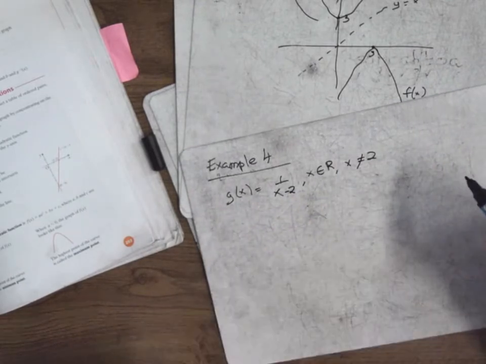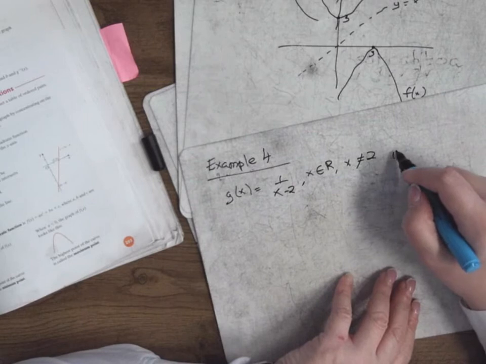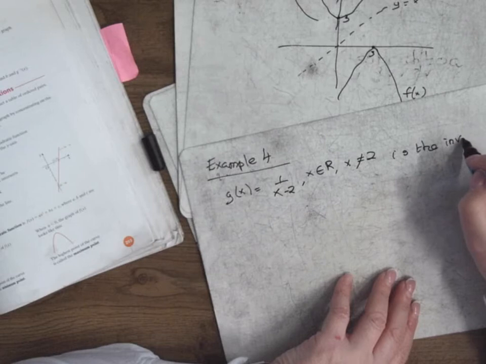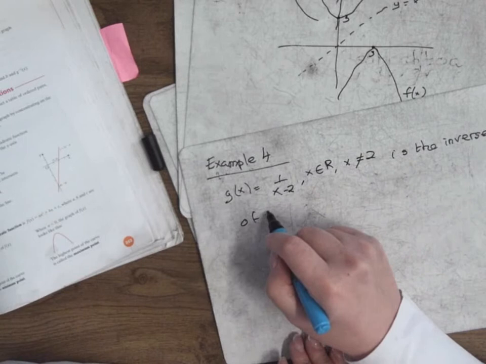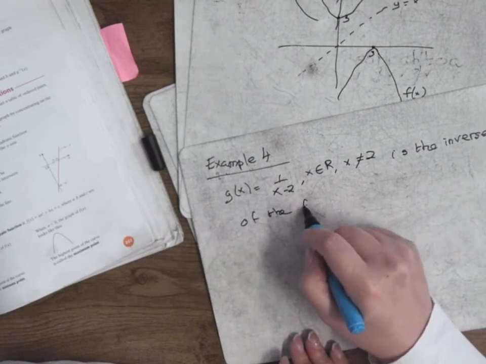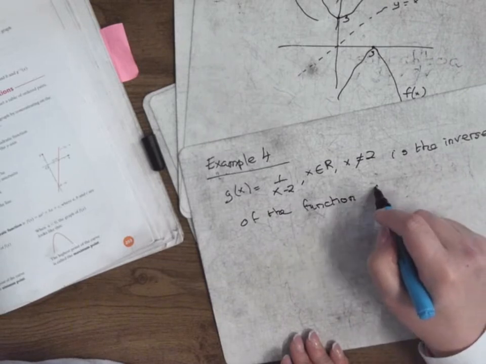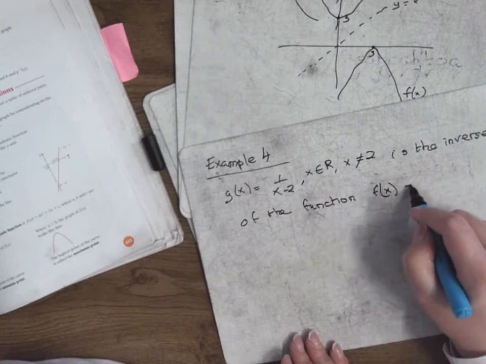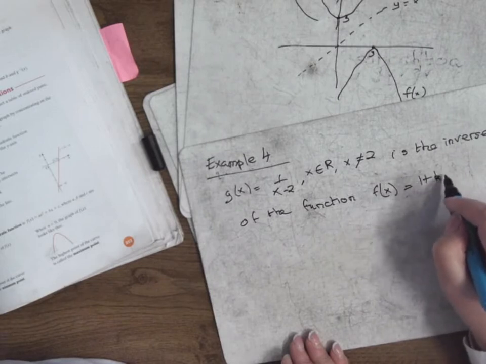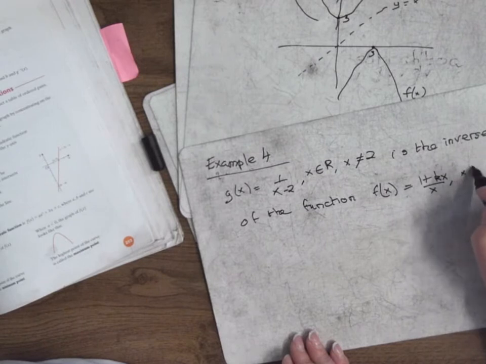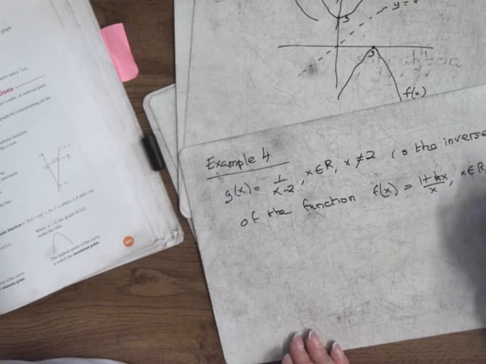You don't have to do anything with the information, but just so you know, g of x is the inverse of the function f of x equals 1 plus kx over x, and again x is an element of R, and for this they're just saying x cannot be equal to 0 because you can't divide by 0.